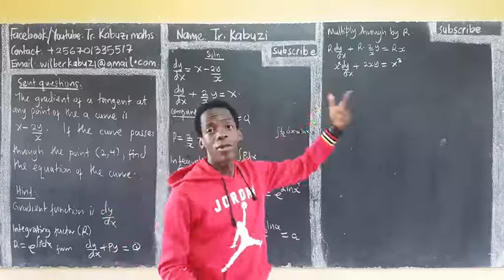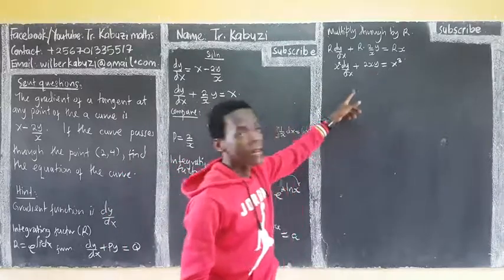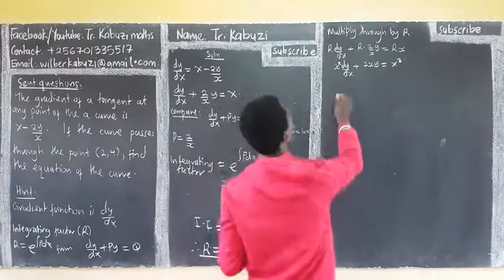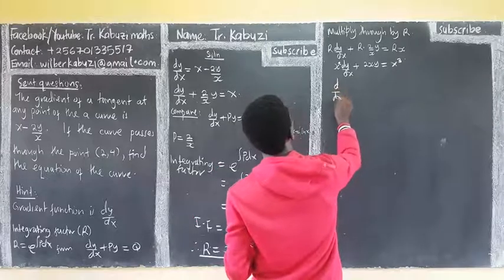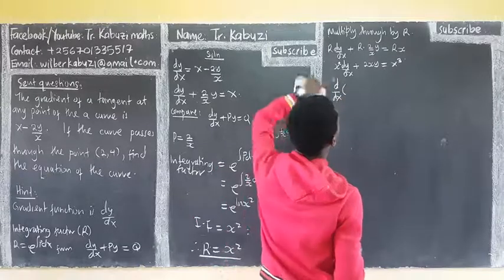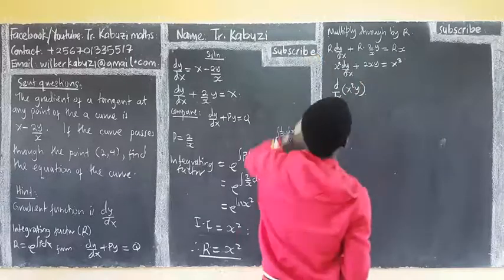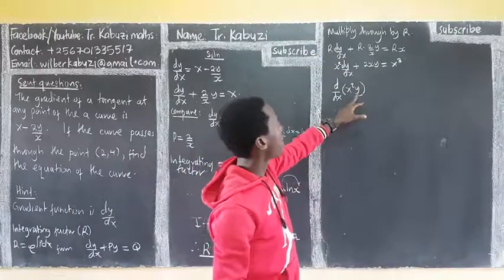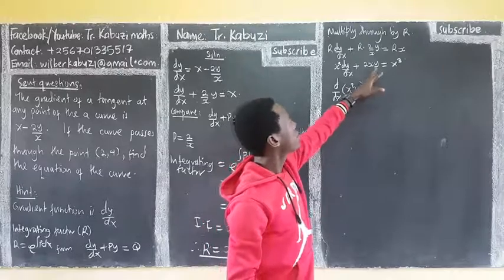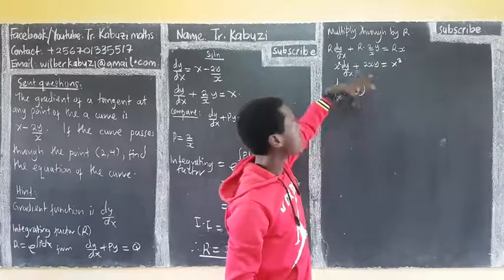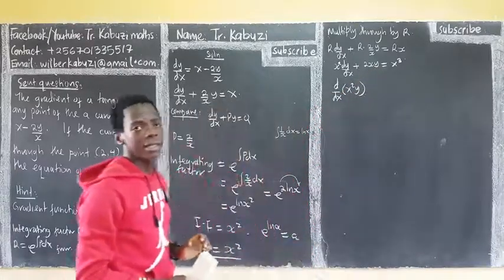Because you can see what you differentiated gives the left hand side. It's the same as d/dx of x squared y. If you fix x squared and differentiate y, you get this. Then fix y, differentiate x squared, you get that. So that's why I'm able to compress it in that order.